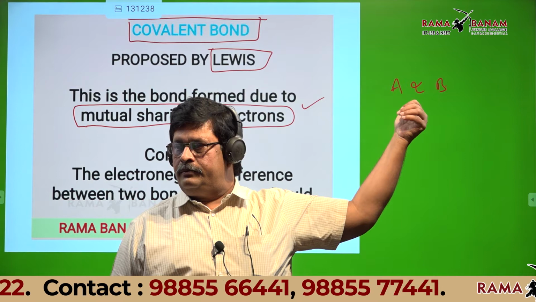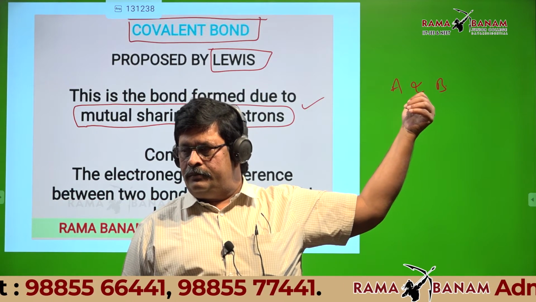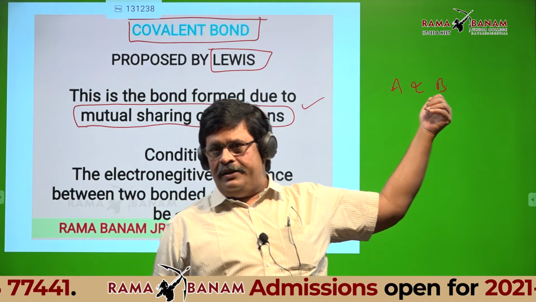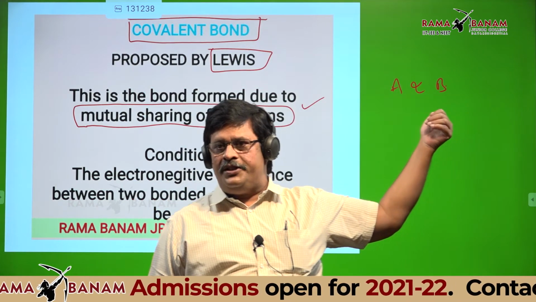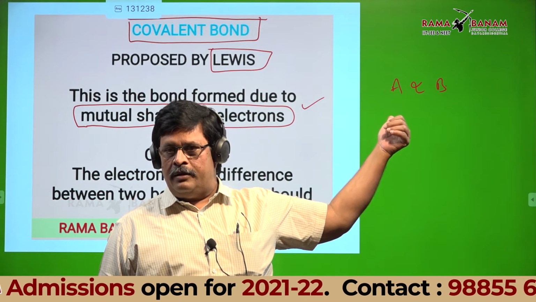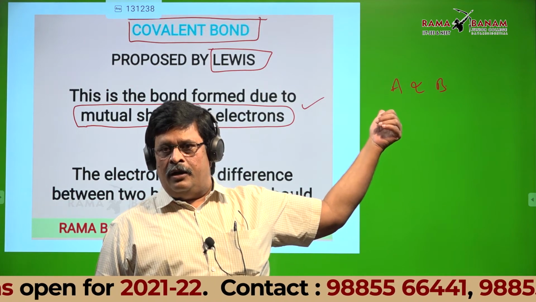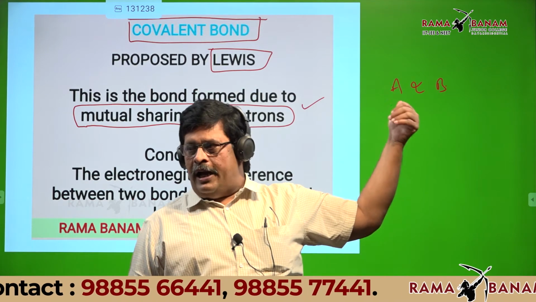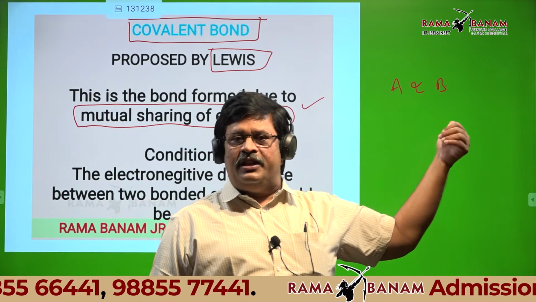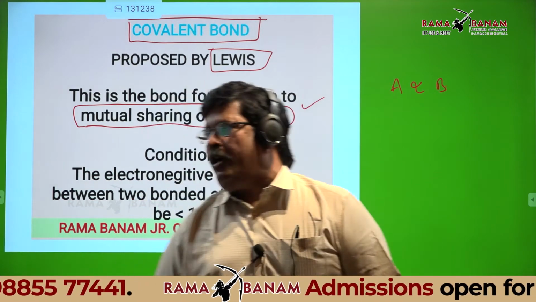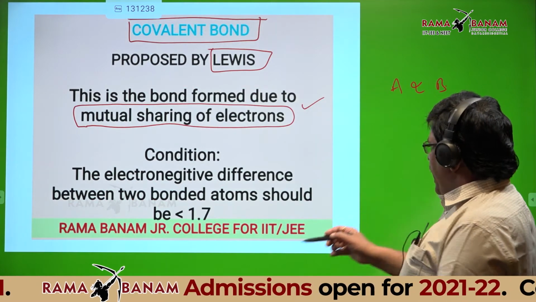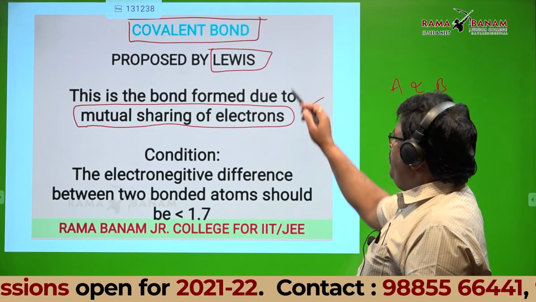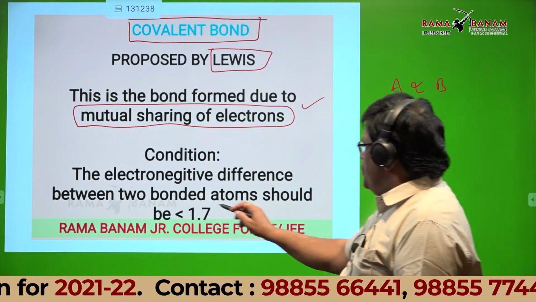The electronegativity difference between the two atoms should be greater than 1.7. Not between the two bonds, but between the two bonded atoms, the elements. If the electronegativity difference is greater than 1.7, that is an ionic bond.